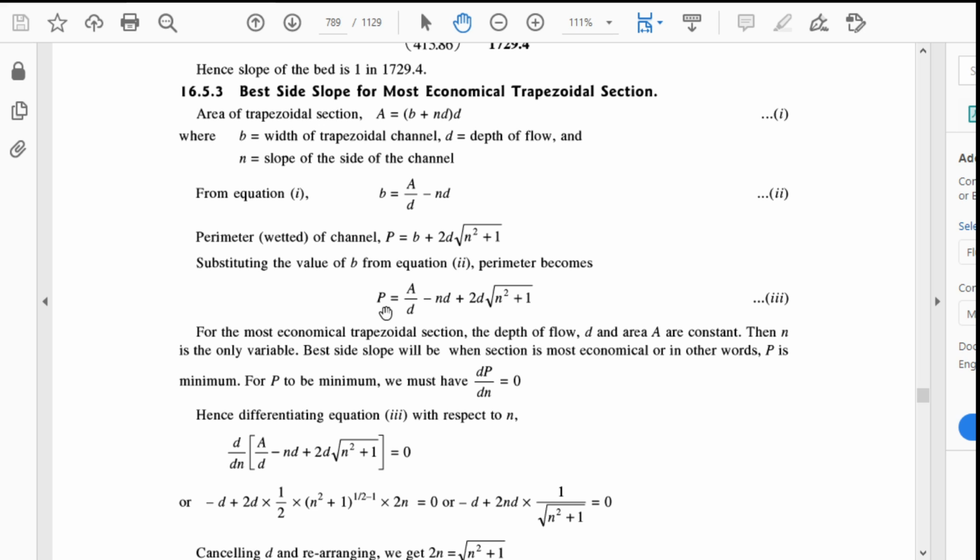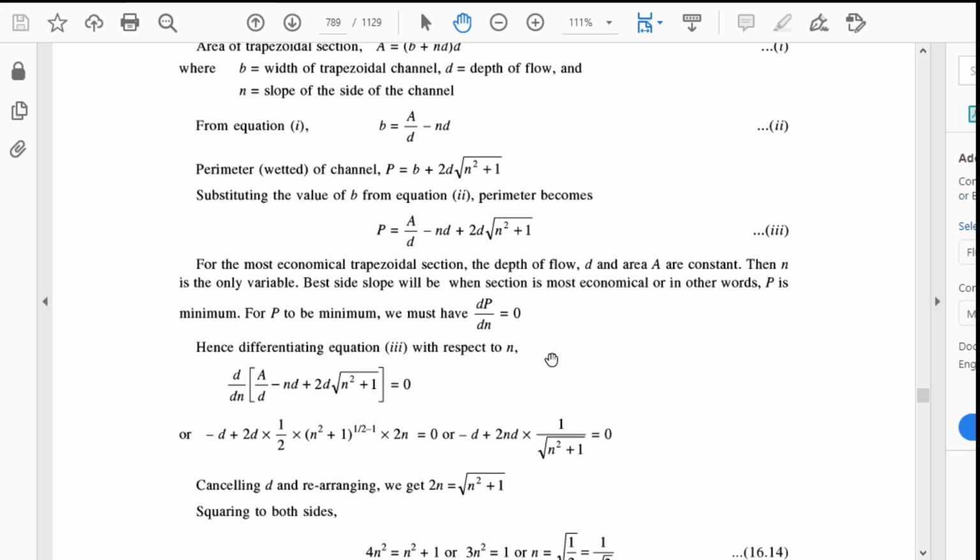As this is the most economical trapezoidal section, this wetted perimeter should be minimum, and the derivative of this perimeter with respect to side slope must equal 0.